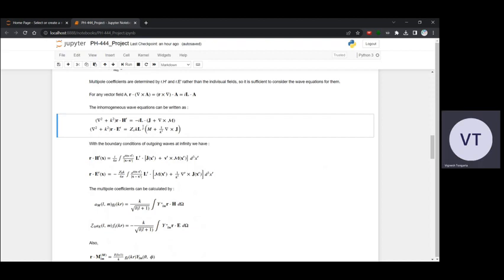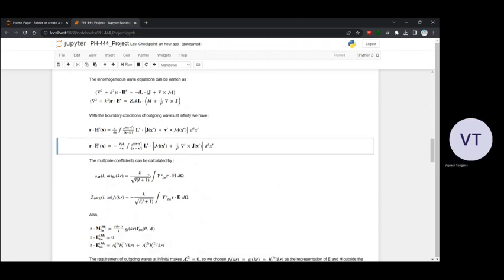And then later on, we can find this r dot H' by integrating using Fourier components. And similarly for r dot E'.